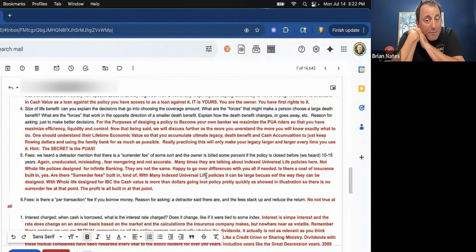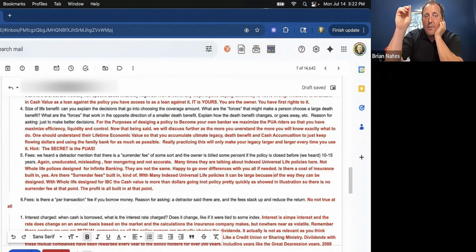Many indexed universal life policies can have a large surrender fee. Like you can say cash value is 100 grand, but the surrender fee is 10 grand, right? So that means you only have 90,000, not 100. That is very confusing to a lot of people.